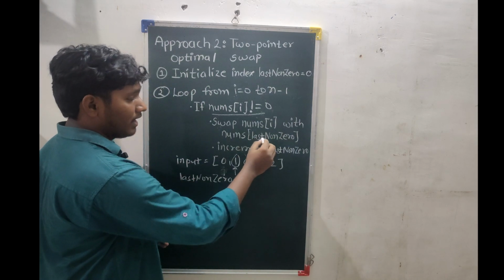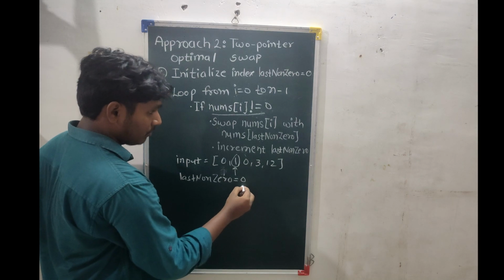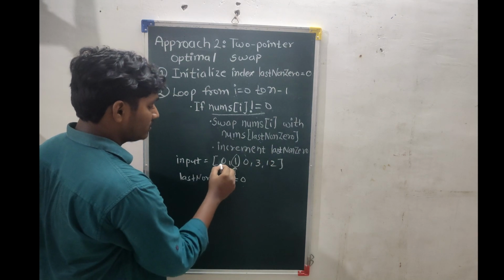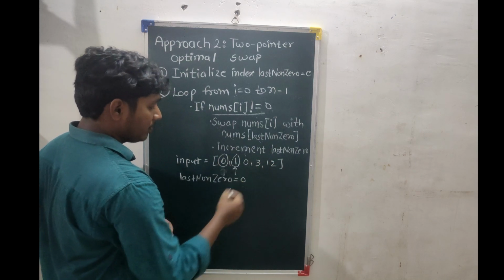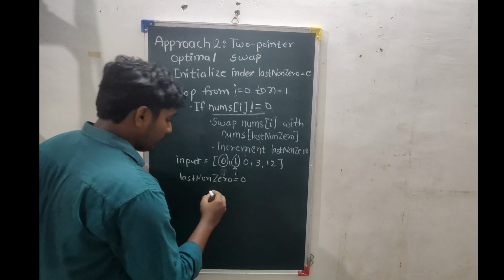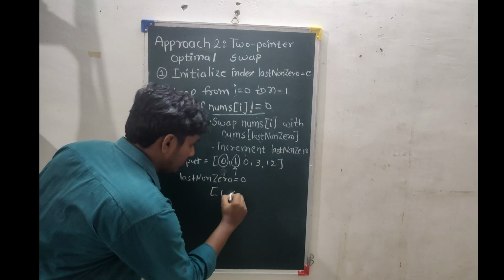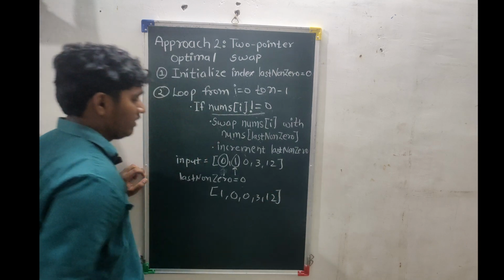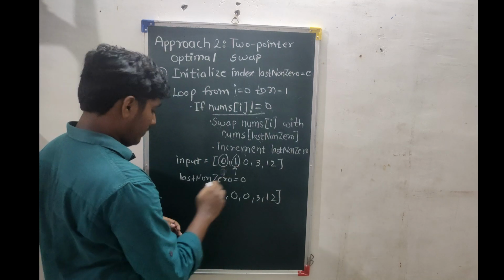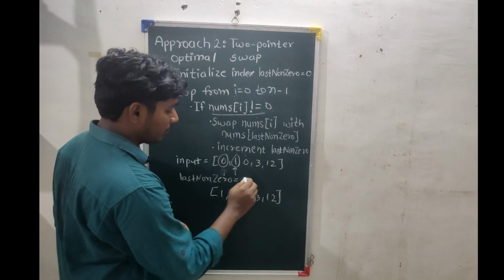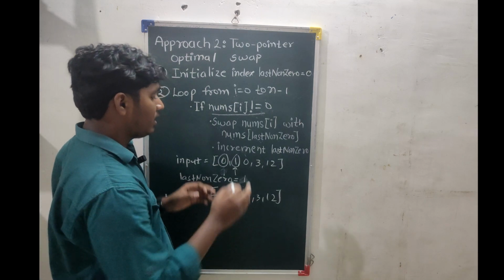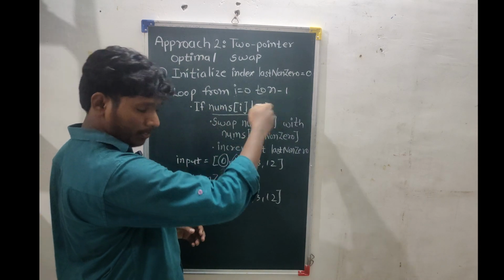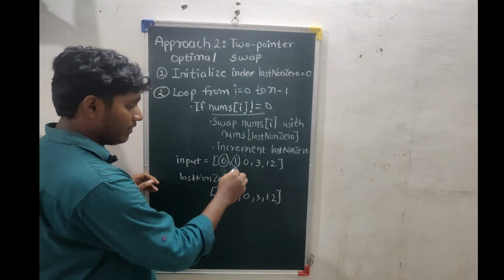The last non-zero index is at 0, that means nums of 0, that means this. We swap these, and after swapping it becomes 1, 0, 0, 3 and 12. Then we increment our last non-zero index to 1. After incrementing, again we loop and increment i.